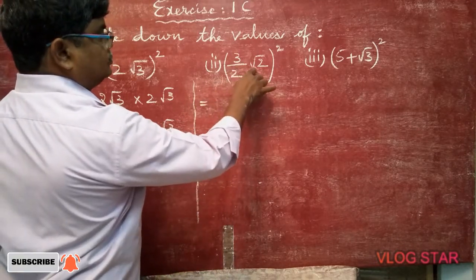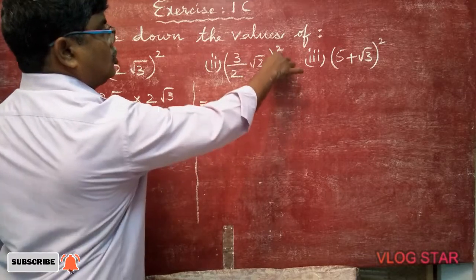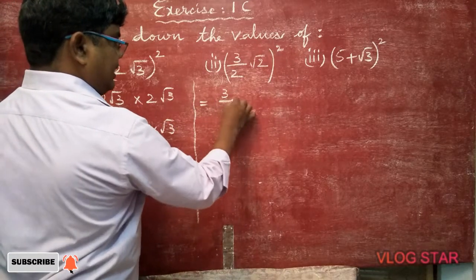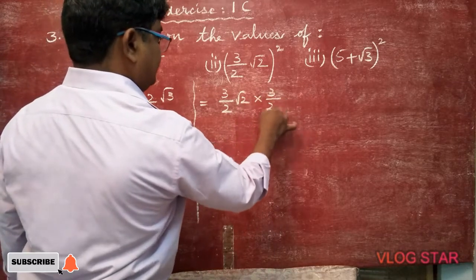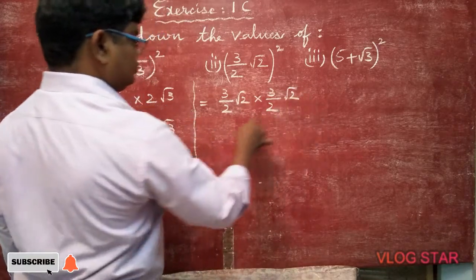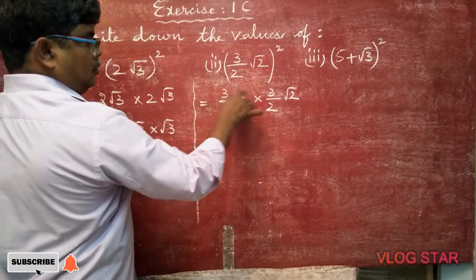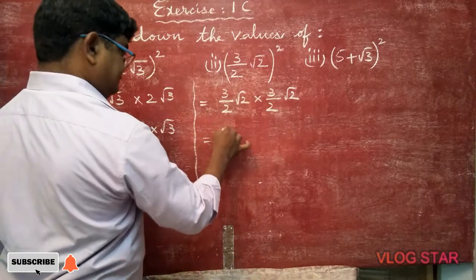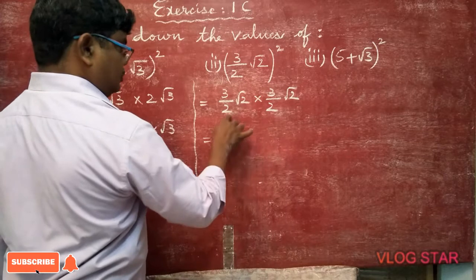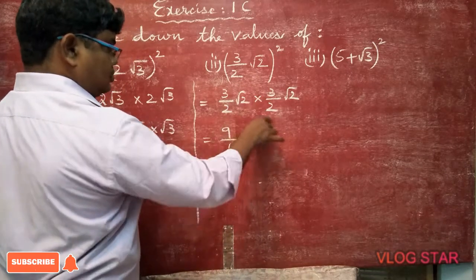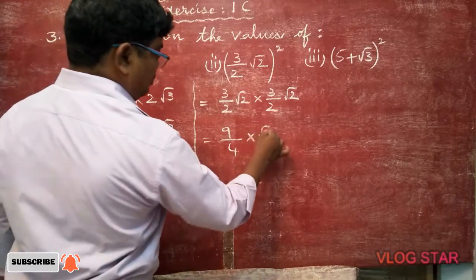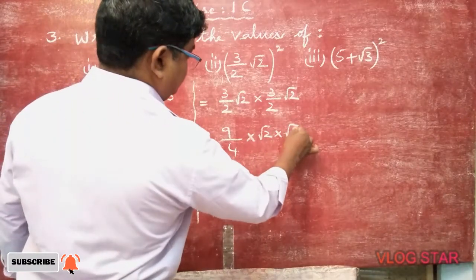3 by 2 root 2 whole square meaning 3 by 2 root 2 into 3 by 2 root 2. Now root 3 into root 3 is 9. Root 2 into 2 is 4. 3 3s are 9, 2 2s are 4 into root 2 into root 2.